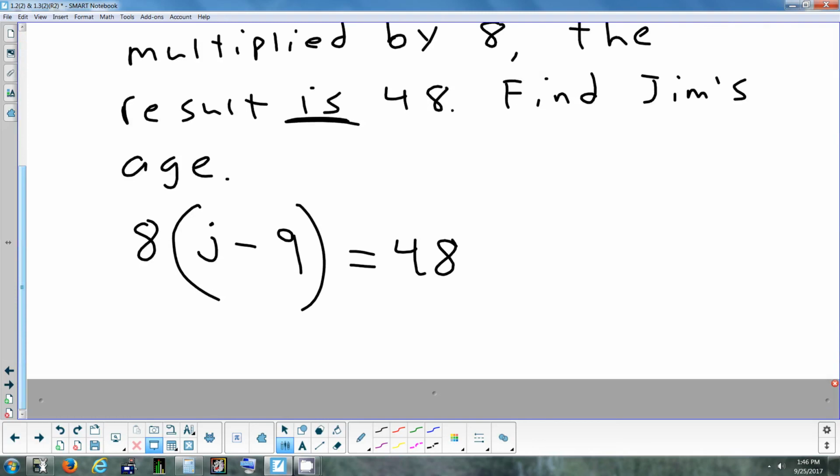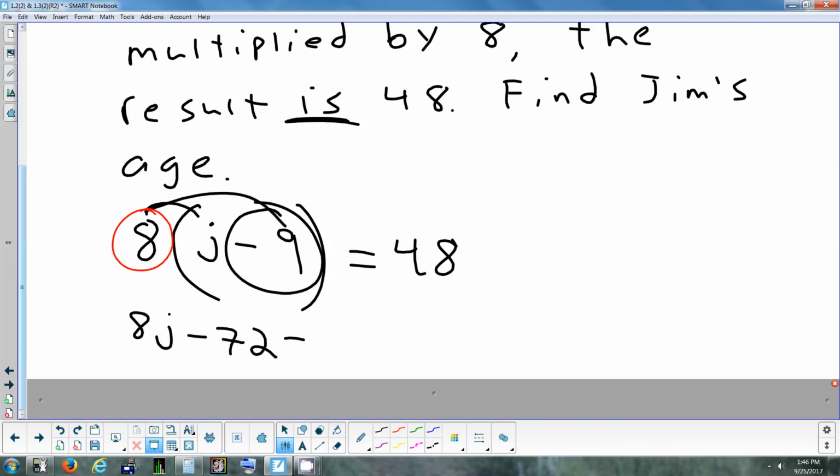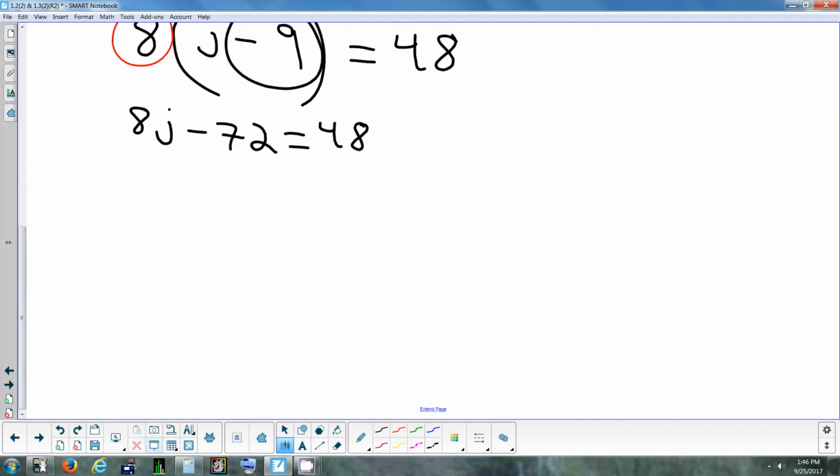All right, 8J, it's a good start. What else? 72, positive or negative? Positive times negative. Negative. And what do I have to still bring down, Sophia? 48. Okay, two steps left.